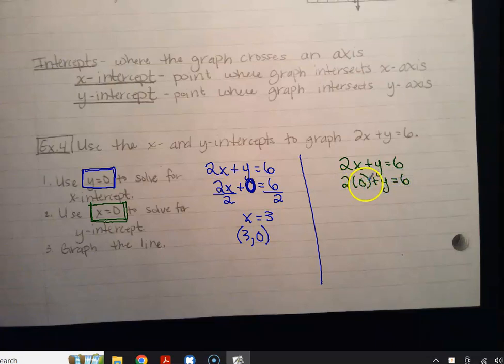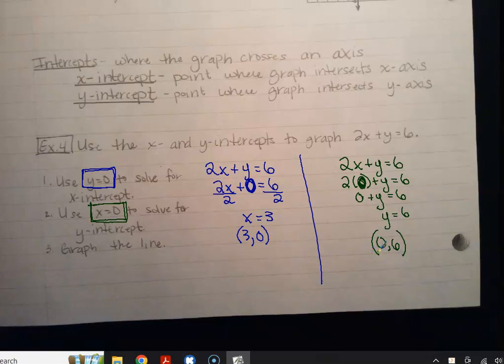Well, 2 times 0 is just 0, right? This is 0 plus y equals 6. So y equals 6. Done. My ordered pair is then my x value, the 0 that I plugged in, and my y value, the 6 that I solved for.